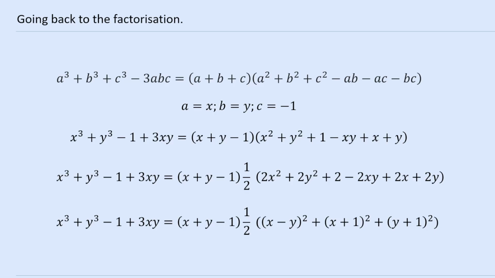So the positive reals have positive squares. The pure imaginaries have negative real squares. And then complex numbers, which are a mixture of real and imaginary, always have a square which is a mixture of real and imaginary. You can prove that as an exercise, but it's true.